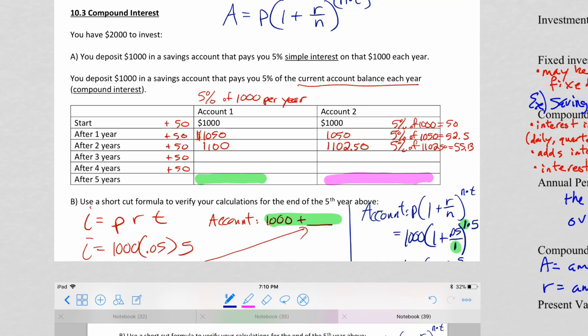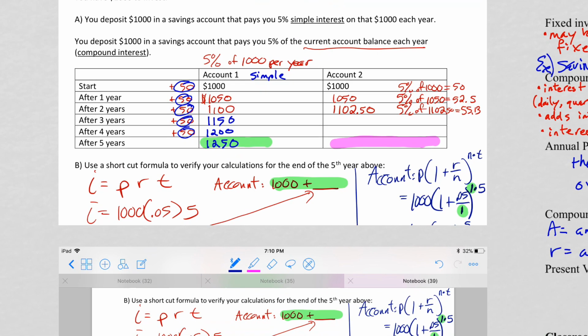The amount that accumulates for simple interest is just 5%. Let's say this is an example. 5% of 1,000 is $50 every year. Your account grows, but it grows the same amount every year. So this is going to be $1,100, and this is $1,200. Another 50 to that would be $1,250.